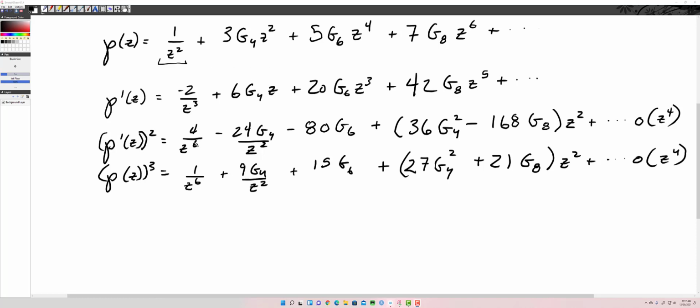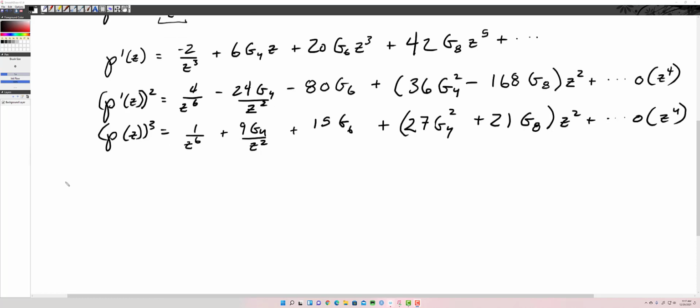So I'm going to square it, and I'm going to get back to an even function. Okay, and you can see all of the exponents of z here are even. So we start with p prime z squared. Then I'm going to subtract 4 copies of p of z cubed. All I did was multiply these series by themselves.